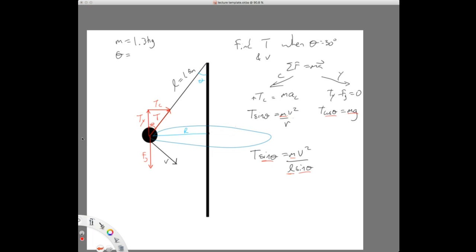So we can use the y equation to solve directly for T. This is mg over cosine of theta. And since we want T anyway, we can put our numbers in: 1.3 times 9.8 over the cosine of 30.